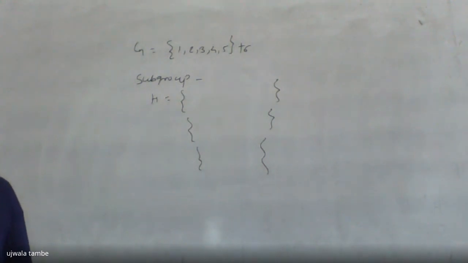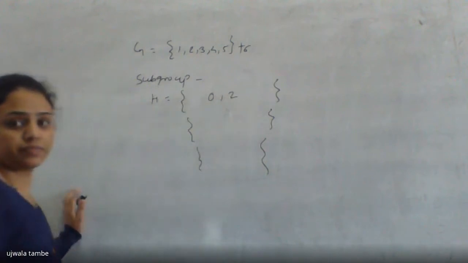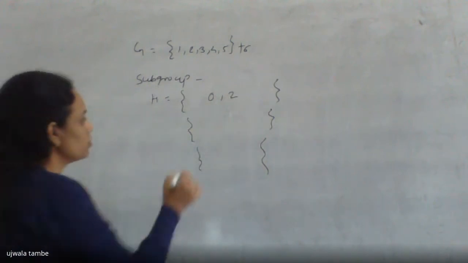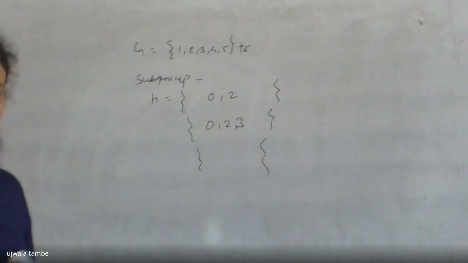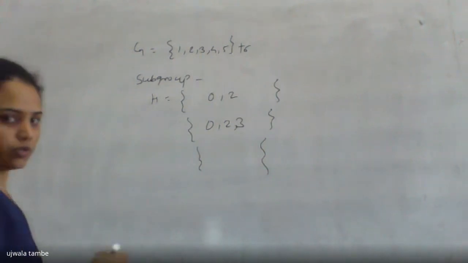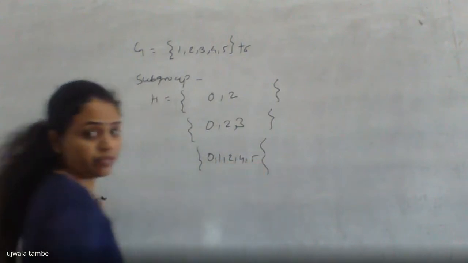Tell me the elements of subgroup. 0, 2. Next. 0, 2, 3 and 0, 1. 0, 1, 2, 4, 5.